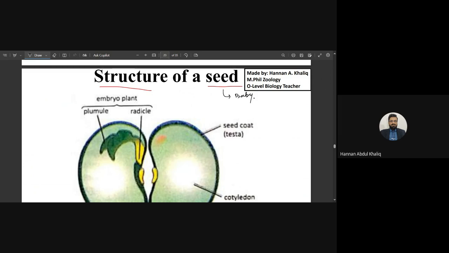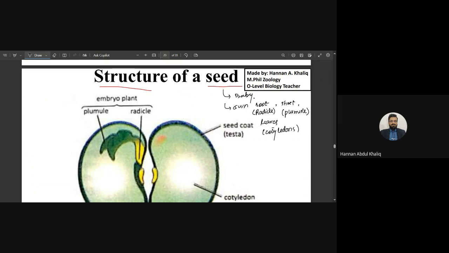Similarly, the seed has its own root, basically called the radicle, its own stem, or you can say shoot, which is called the plumule, and leaves, which are called cotyledons.